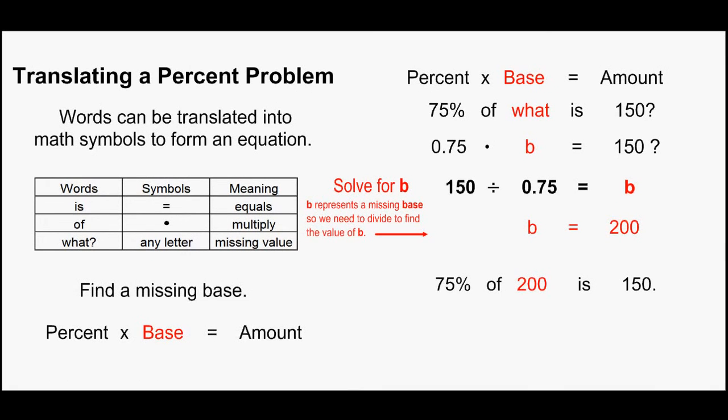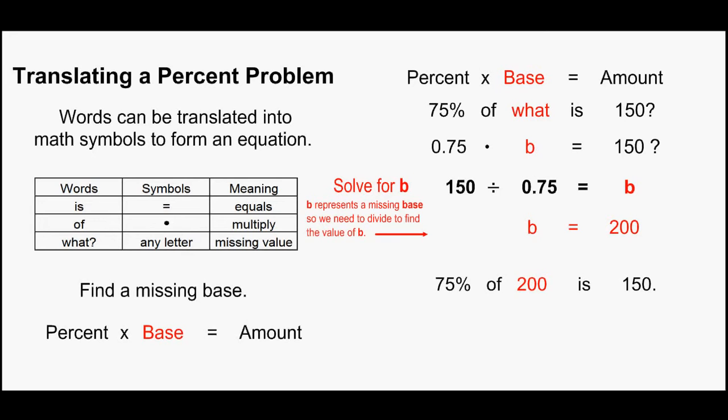Let's try another one. 75% of what is 150? 75% translates to 75 hundredths. Of is multiply. B is our missing base. Is equals 150.